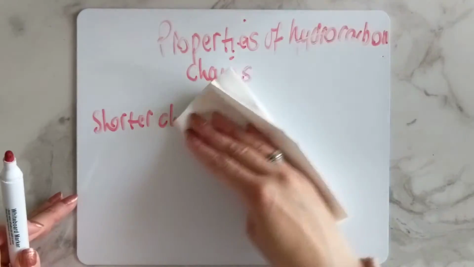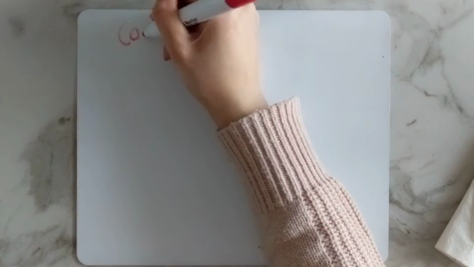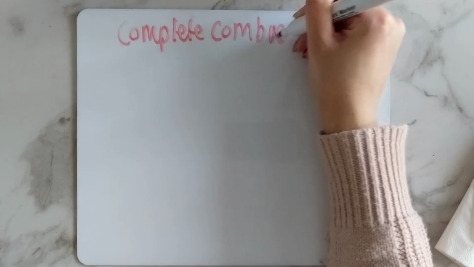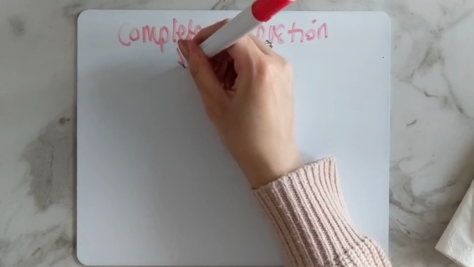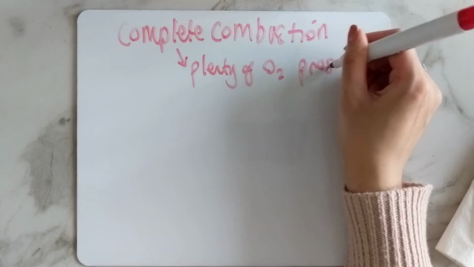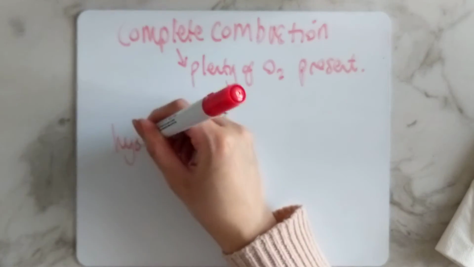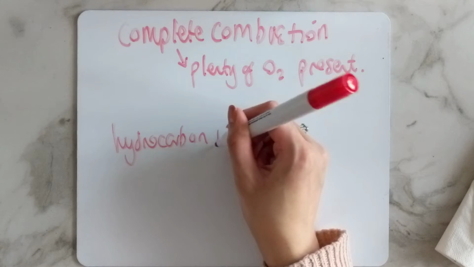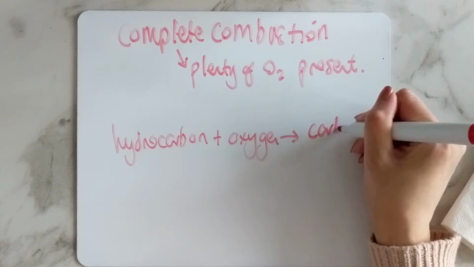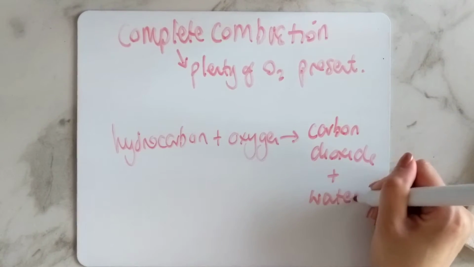Just one other thing I'll quickly go over with you is complete combustion, because sometimes this involves hydrocarbons. Complete combustion is when there is plenty of oxygen present. The general equation is hydrocarbon plus plenty of oxygen goes to carbon dioxide and water.